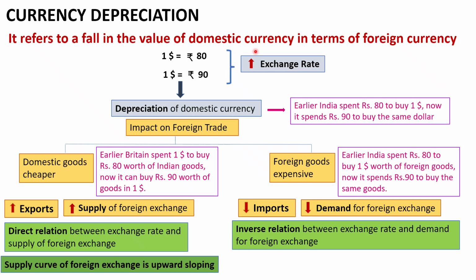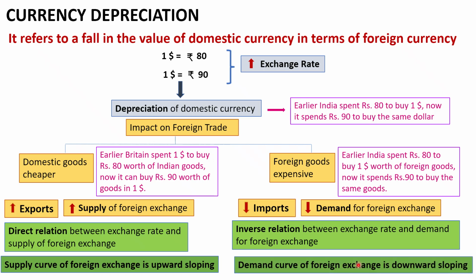Let's see. When exchange rate increases, demand for foreign exchange decreases. Both the arrows are moving in the opposite direction. This leads us to the conclusion that demand curve of foreign exchange is downward sloping.